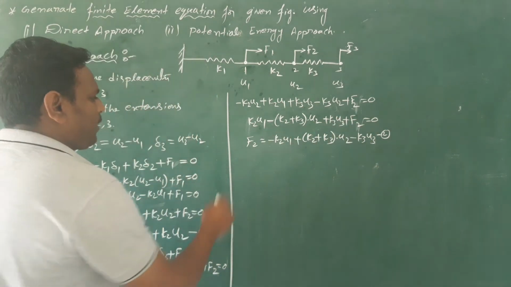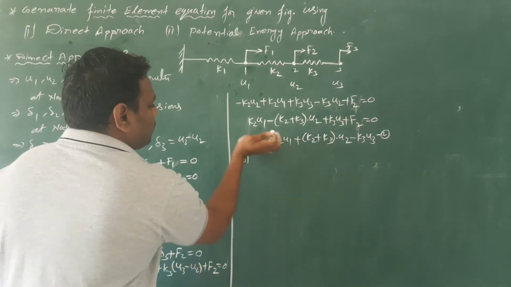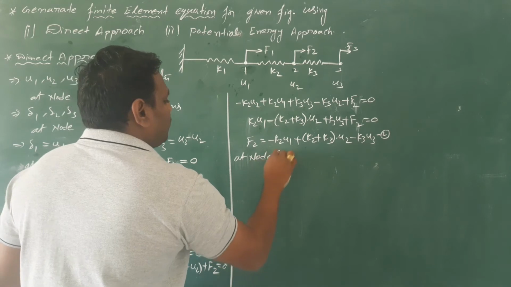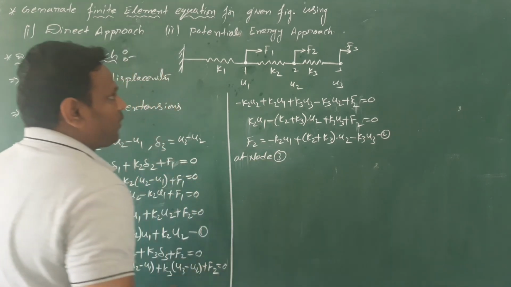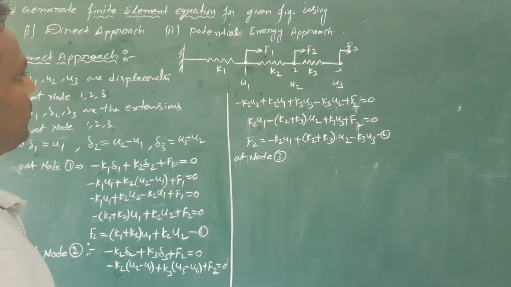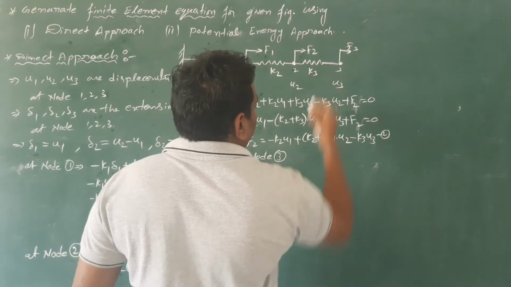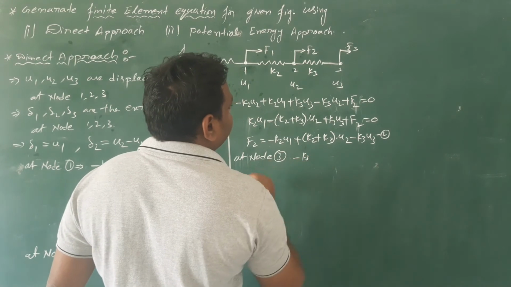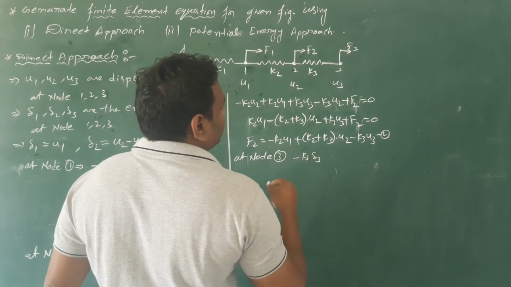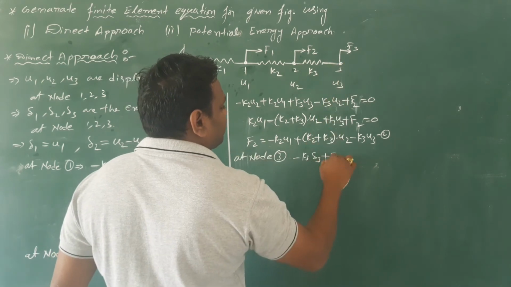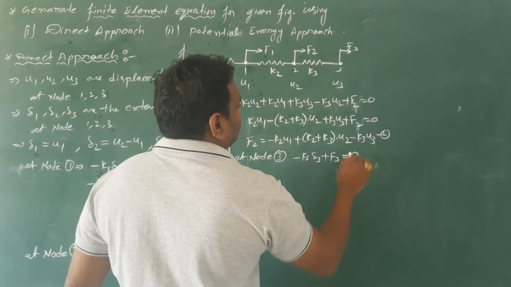Now at node 3, write the equation. That is minus K3 delta 3 in the negative direction, and if the applied force is in the forward direction, it is equal to 0.